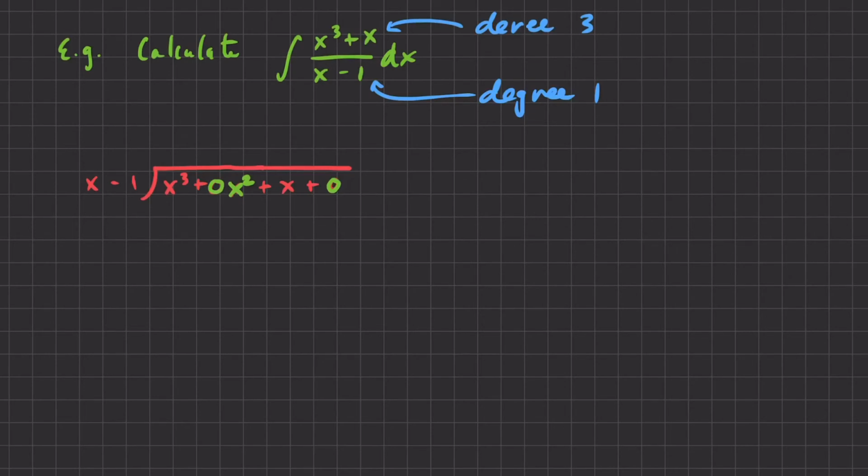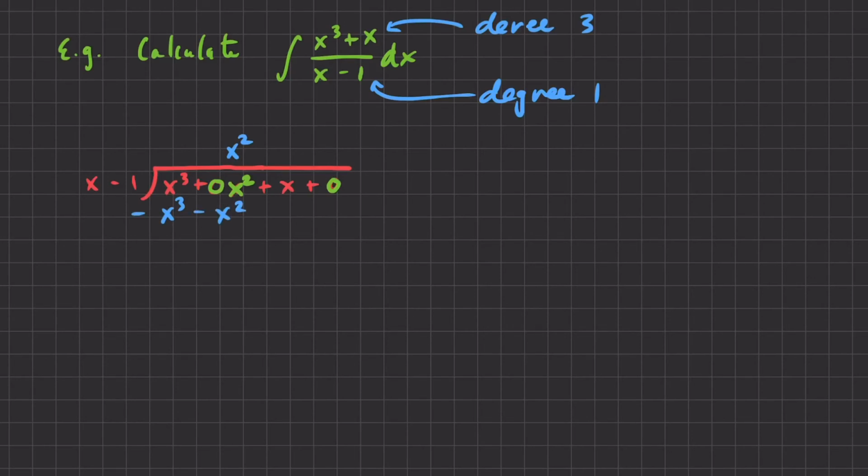So what I'm going to do is I'm going to say, okay, how many times does x go into x cubed? Well, the answer to that is exactly x squared times. And I'm going to multiply x minus 1 times x squared and find the remainder. So I've got x times x squared is x cubed, and negative 1 times x squared is negative x squared.